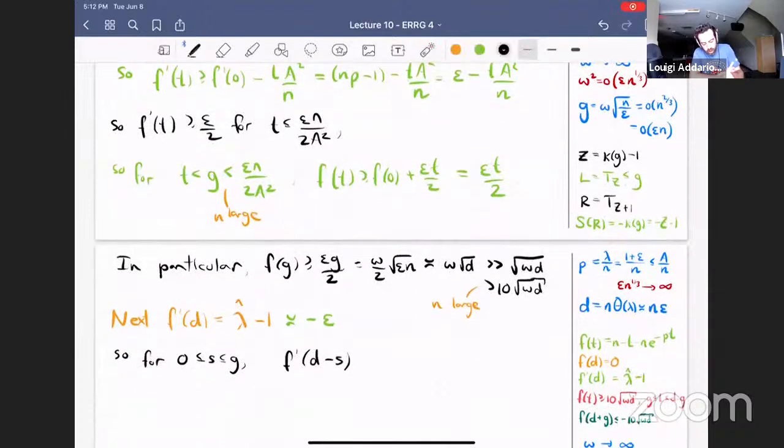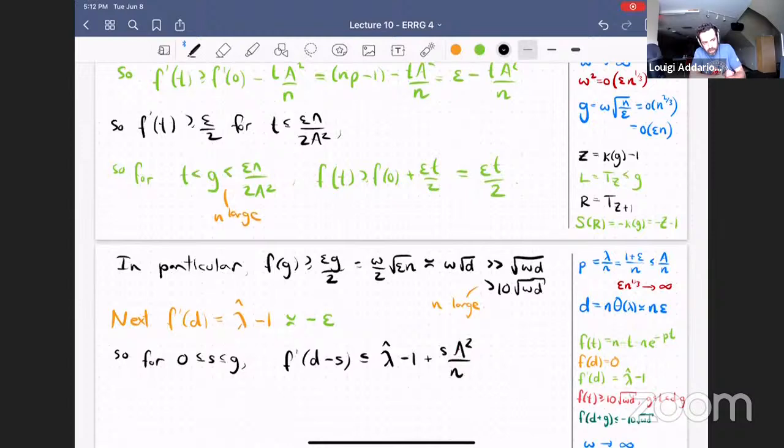So what's the slope of f at time d minus g? Well, our bound on the second derivative tells us that that's at most g a squared over n, right? This is our bound on the second derivative.